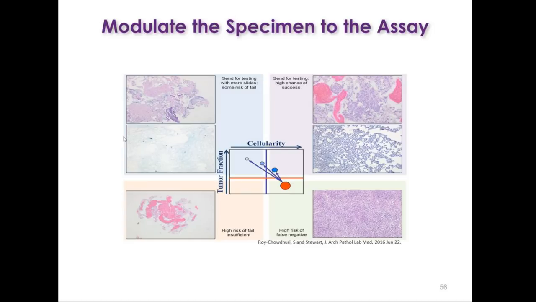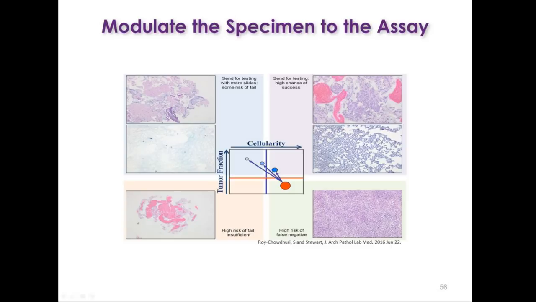So how do you modulate your specimen to fit the assay? You can look at every specimen and it'll fall in one of four quadrants. So you have to look at it in terms of cellularity and the tumor fraction, right? So if you have a high cellularity and a high tumor fraction sample, those are usually never an issue, because you can send it for any testing, irrespective of the analytic sensitivity.